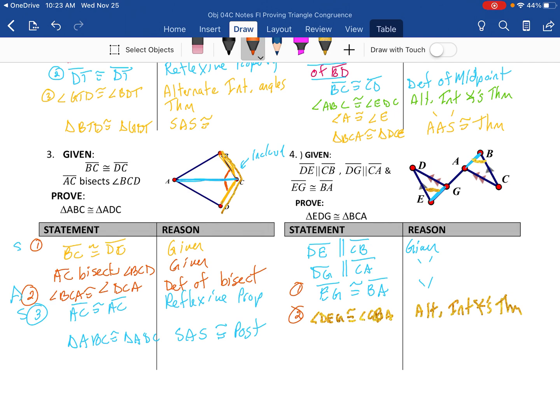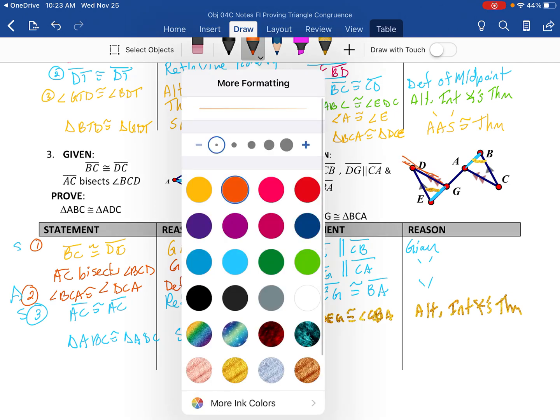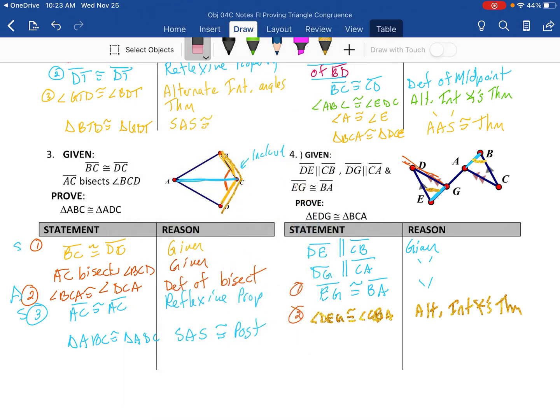Now let me look at my other parallel lines. I'm just going to make them a little bit longer. So these are my other parallel lines, and here is my transversal. And I look, and there are no angles in the triangle that are between the lines.